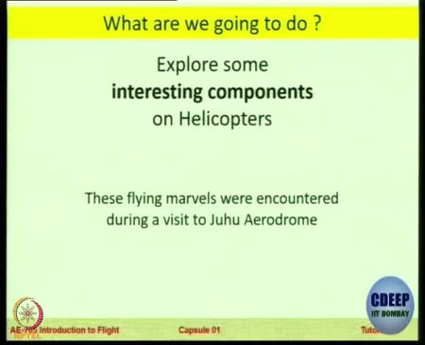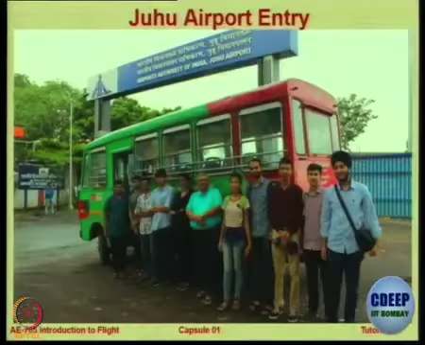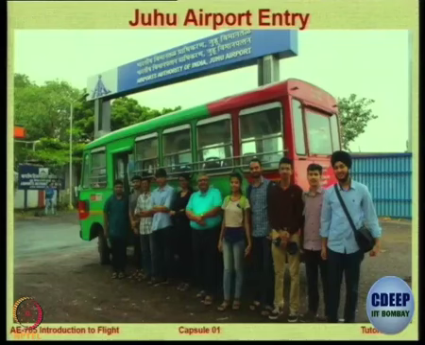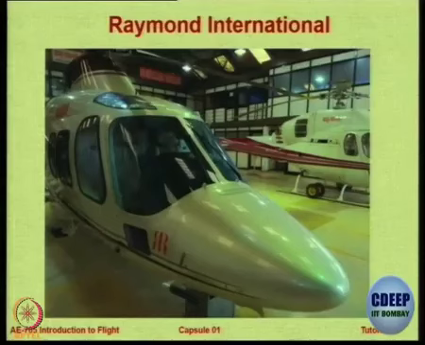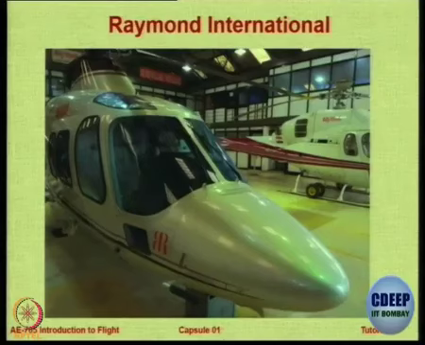So during our recent visit to Juhu Aerodrome, which took place on 15th of June, we visited this aerodrome. Okay, so this is a proof that we actually went there, and we went to 2 companies. One is Raymond International. They had 2 helicopters on display at that time.